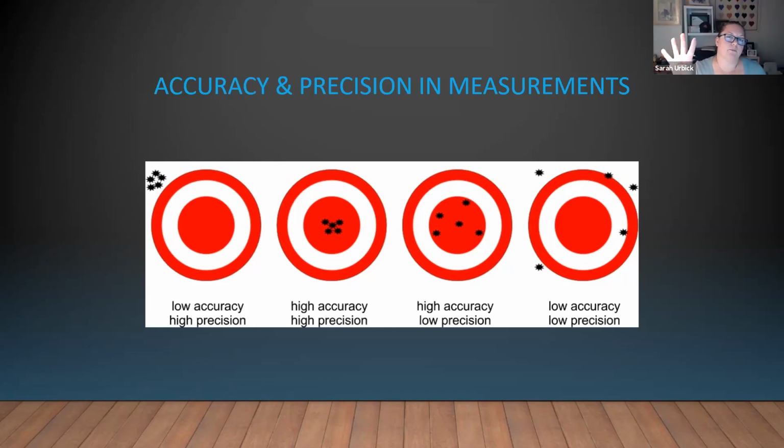And I come up with 100 feet, 101 feet, and 98 feet. Hint, the width of a parking stall is about 12 feet. Am I accurate or am I precise? Yes, I am precisely incorrect. I am consistently wrong.